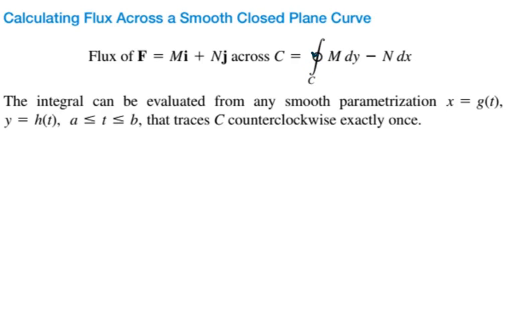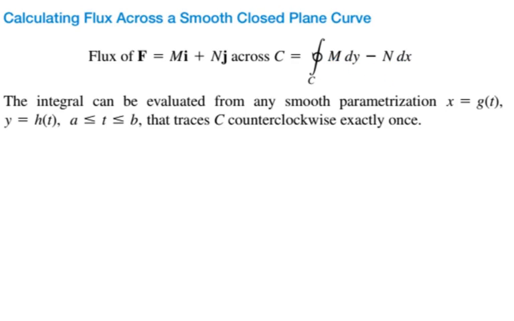Therefore, we have this little tag on that integral that says, hey, we must be going counterclockwise. Essentially, all we're going to do is the line integral in the counterclockwise motion, using M and N in that integral, and then dy and dx.